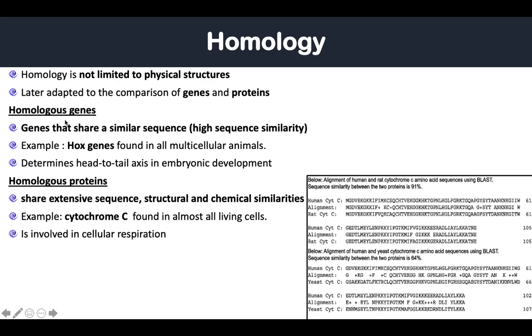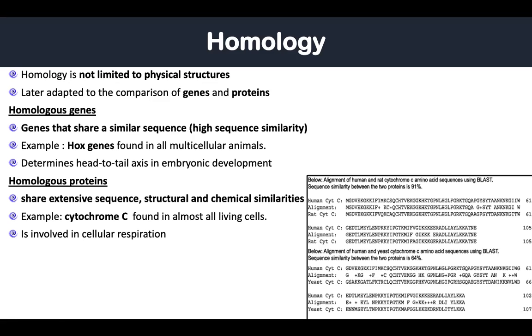Apart from homologous genes, we could also study amino acid sequences, which means we're looking at homologous proteins. So they also share extensive sequence similarity, structural similarity as well as chemical similarities.